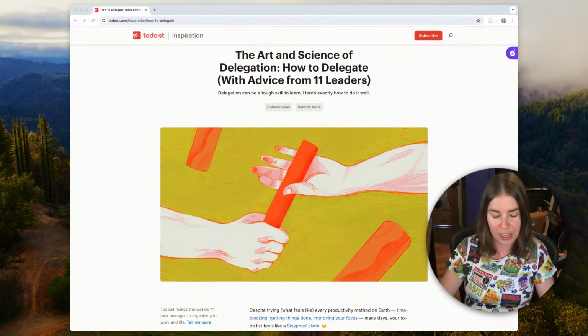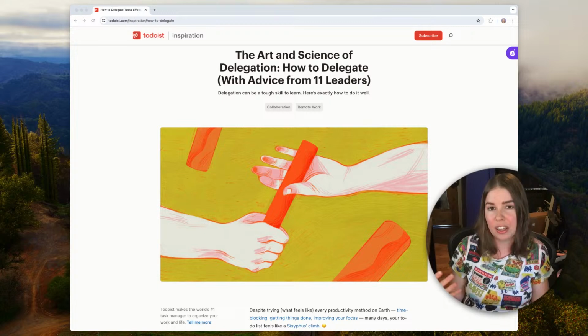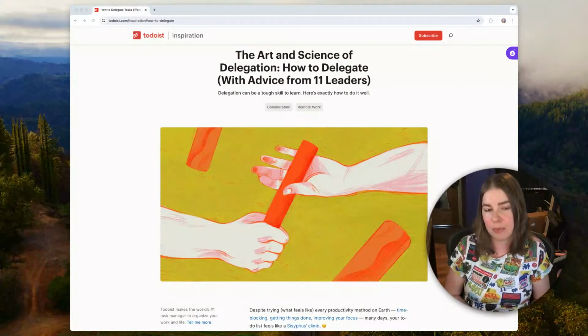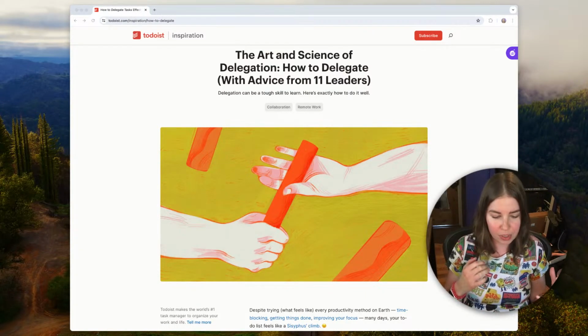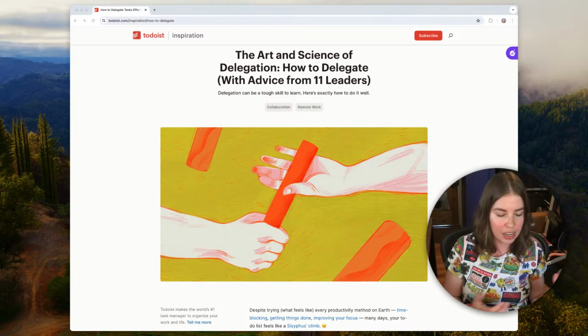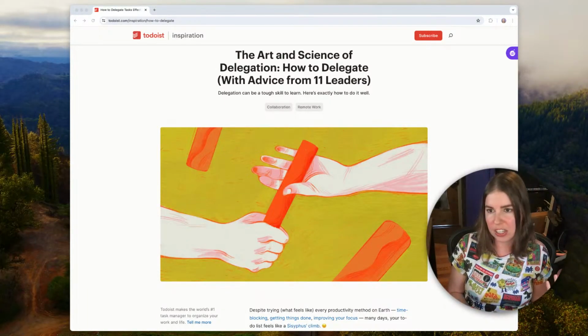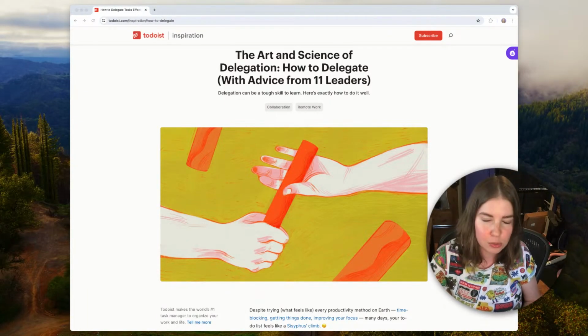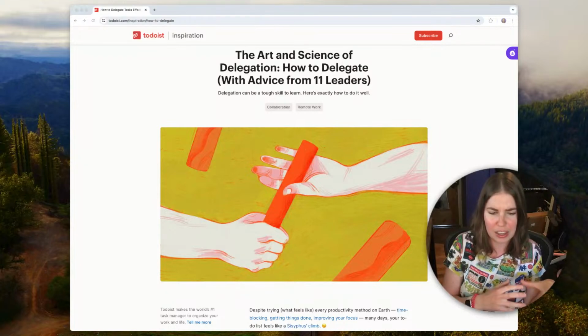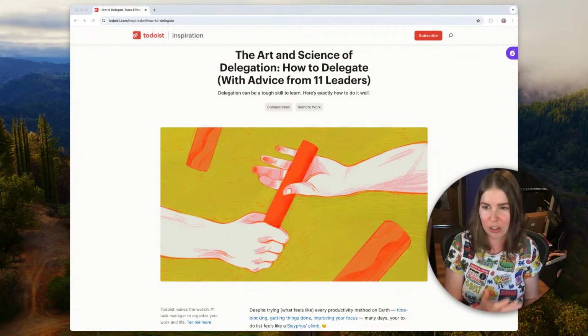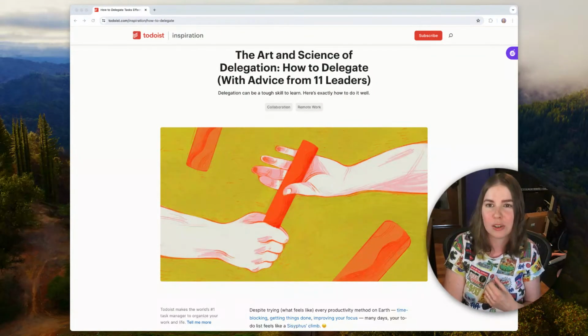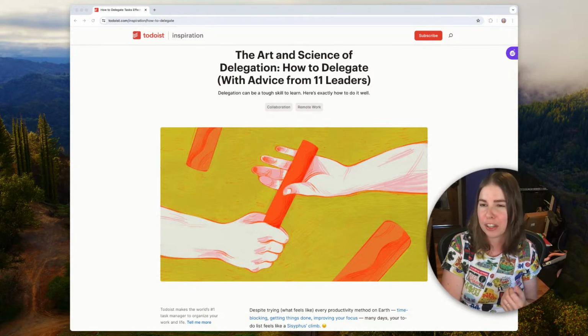So very, very great tool, and really quite a robust content program. Whenever I get their emails, I immediately jump over to see whatever the newest blog post is, because I think it's just so aesthetically pleasing, but it's also really good information. And so today is a little bit of a love letter to Todoist.